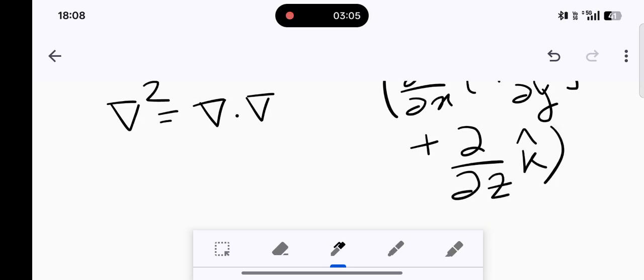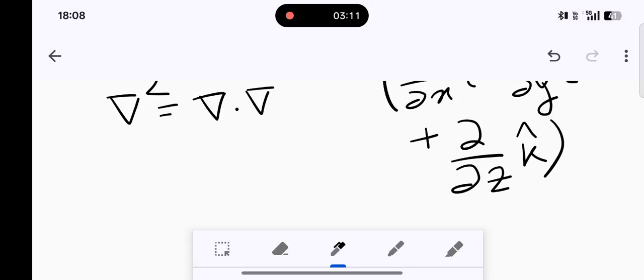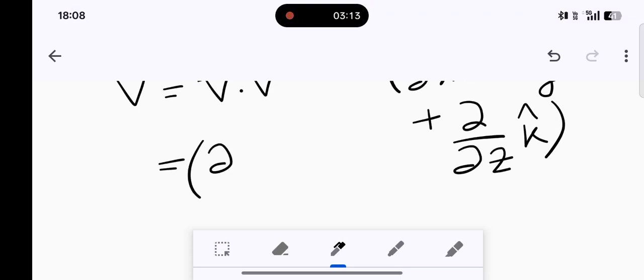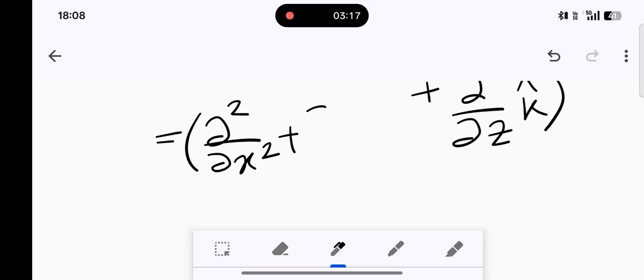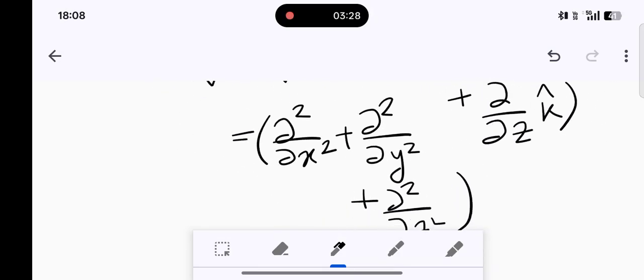Now that's very easy. If we are doing the dot product between two same quantities, it will look like del square by del x square plus del square by del y square plus del square by del z square. Very nice. This is the form of del square.